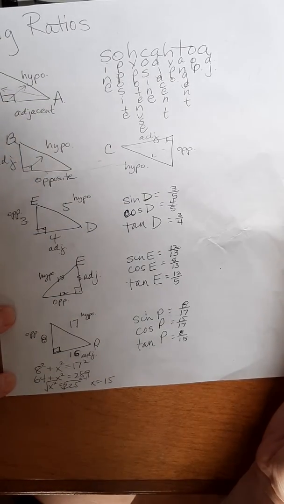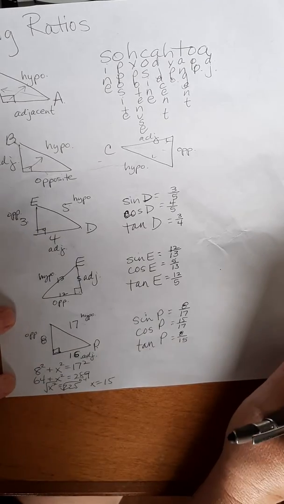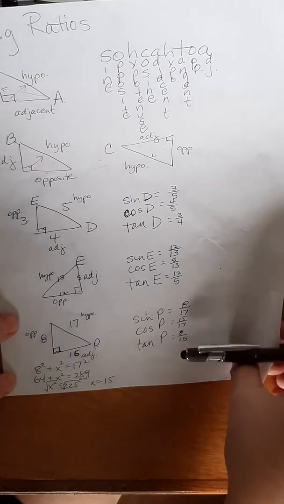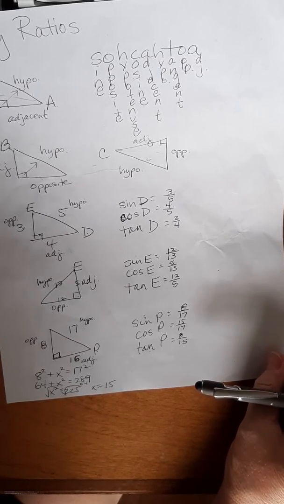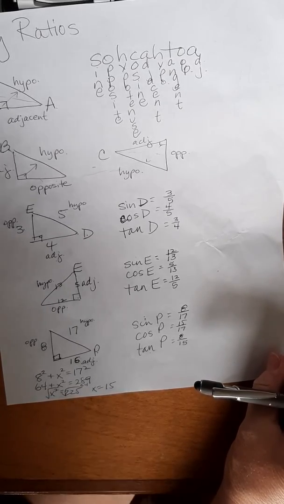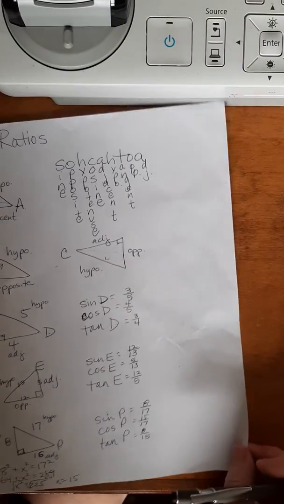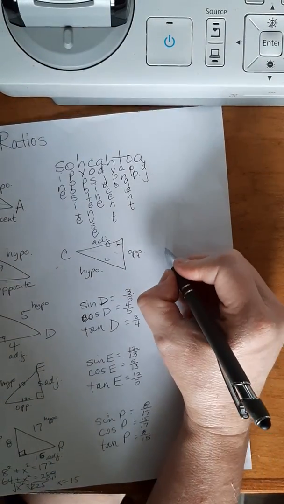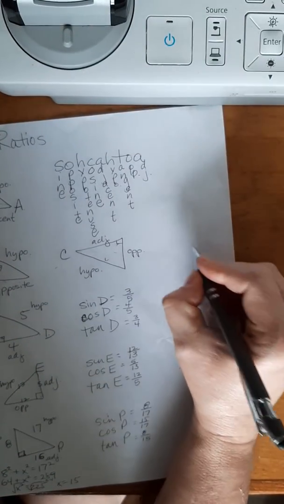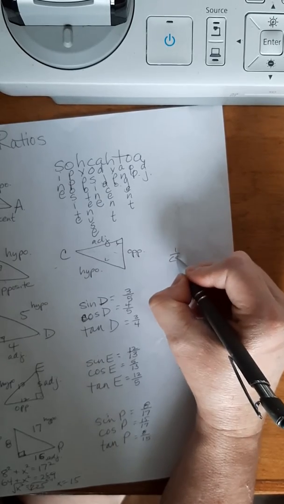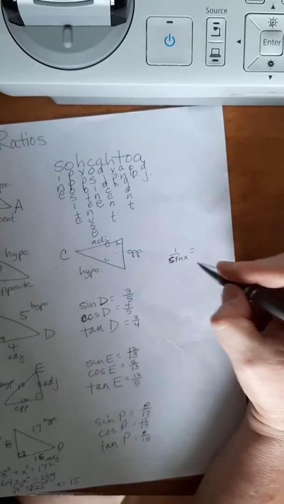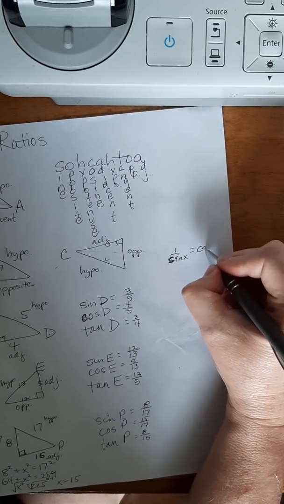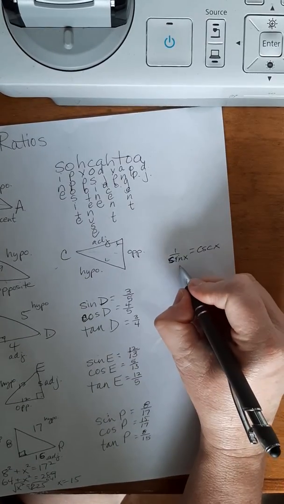Now while I'm here, let me put a little bit of upper algebra in there. There are 3 called reciprocal ratios. If you were to flip sine, it's cosecant.